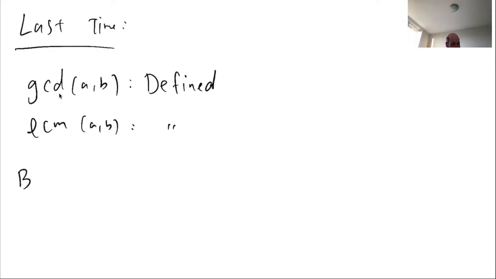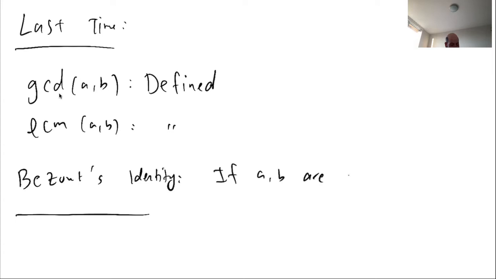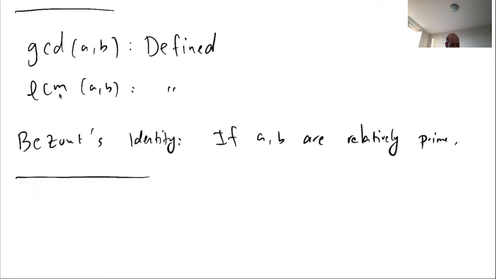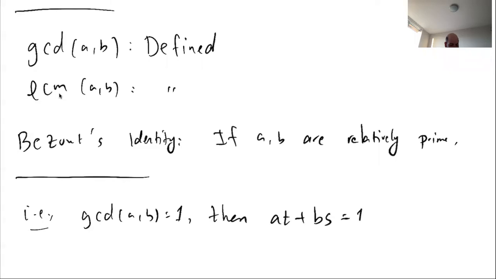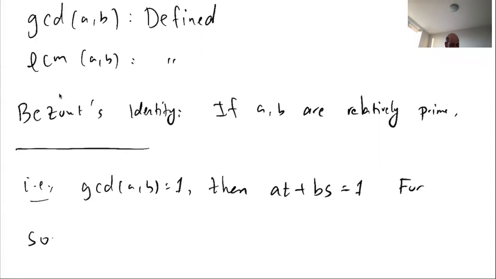And then we also looked at Bezout's identity, which was saying that if A and B are relatively prime, relatively prime means GCD of A and B is 1, then AT plus BS equals 1 for some integers T and S. So relatively prime is another name for when the GCD of two numbers is 1.